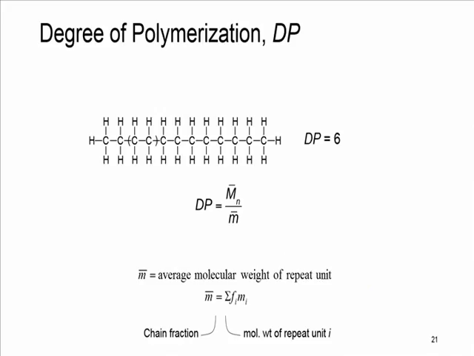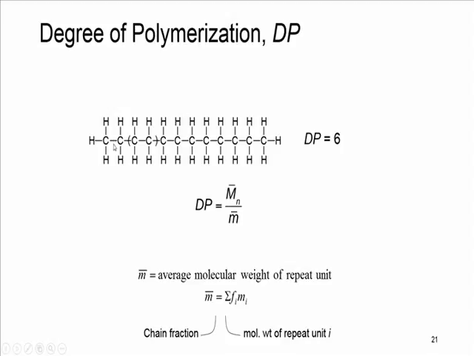The value of number average molecular weight is used to find another parameter, which is called degree of polymerization, denoted by DP. DP is the average number of repeat units per chain. As chains have different lengths, of course we will have different values, but DP determines the average value. That's why we have to have number average molecular weight and then find it.